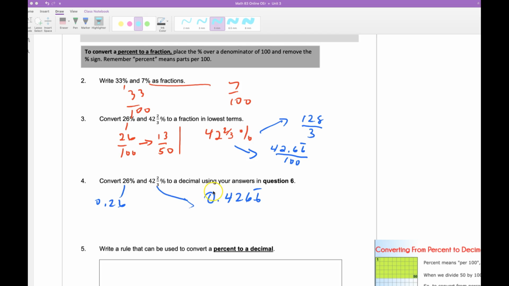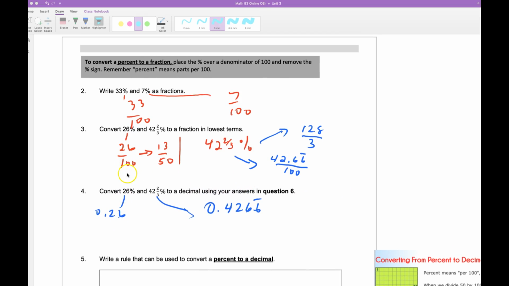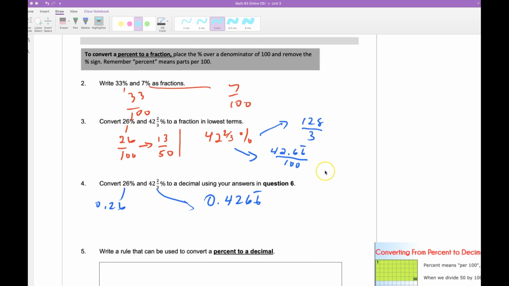And then converting these to decimals, 0.26, you could just divide that. And 42 2/3% is 0.4266.